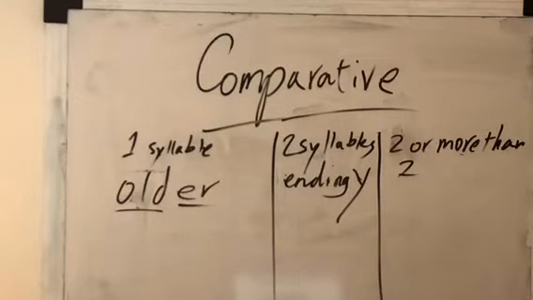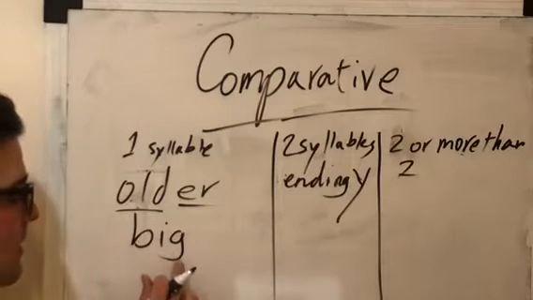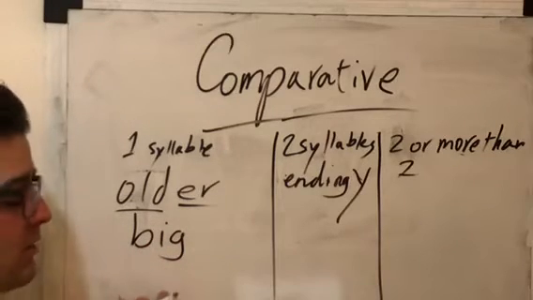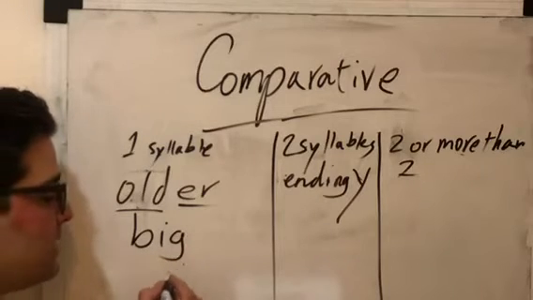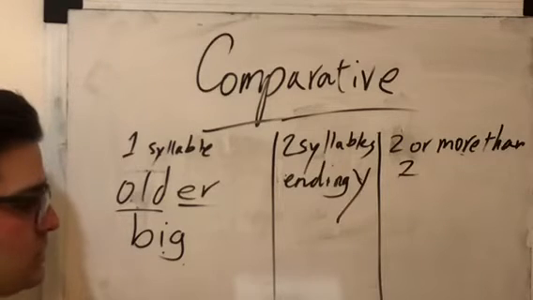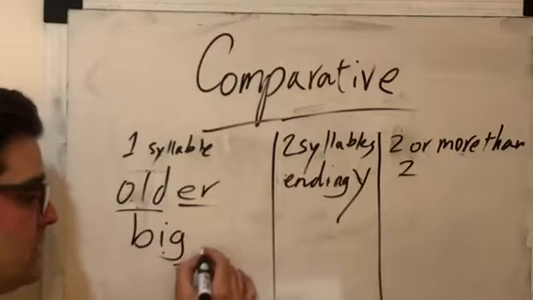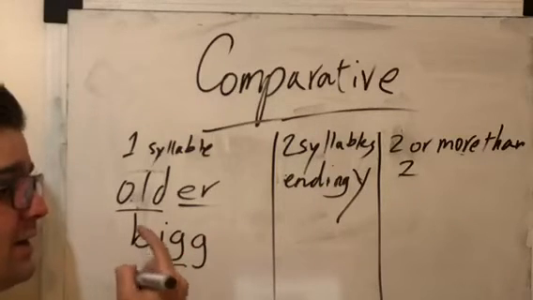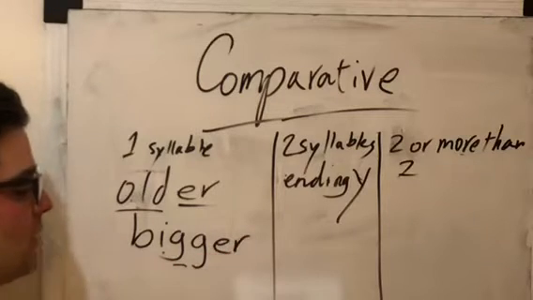Next we have other adjectives that you can add to, like big. For this word, because the vowel sound and consonant sound are close to each other, you have to add another g, another ending letter, and then add er.